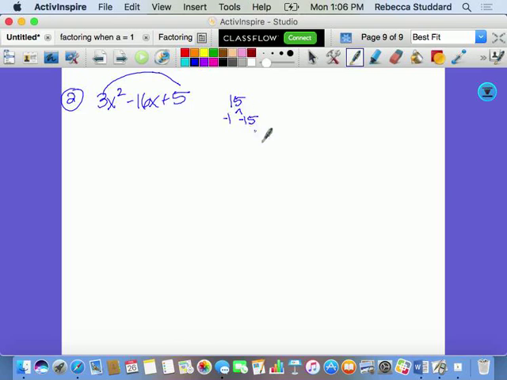If I make them both negative, then I get negative 16, and they still multiply to a positive. So take the numbers that add to the middle and multiply to first times last, and rewrite it: minus 1x minus 15x. So you just rewrite it.